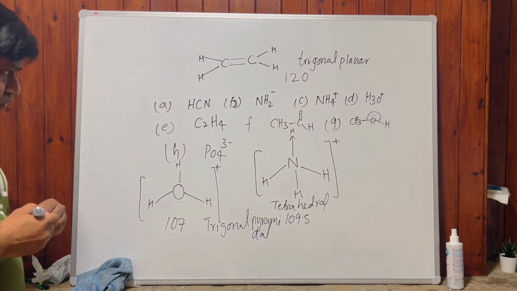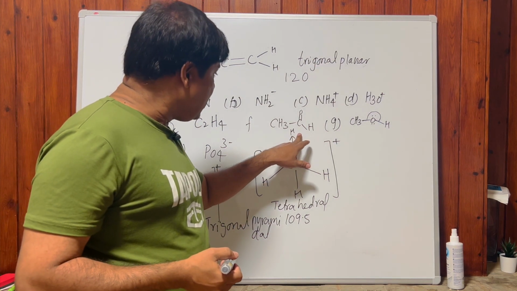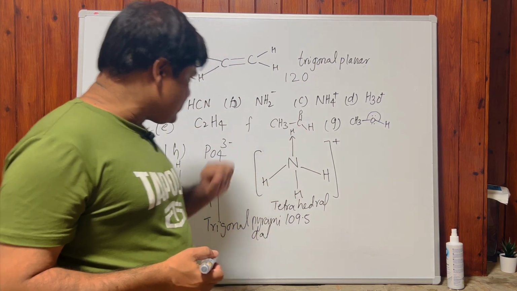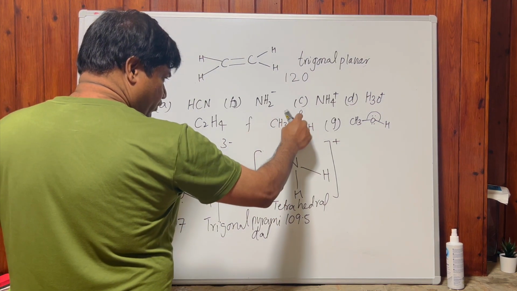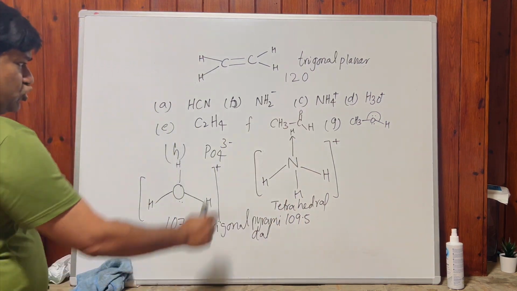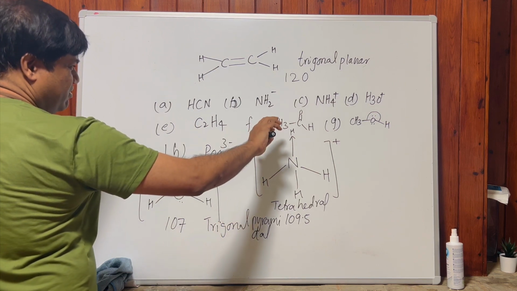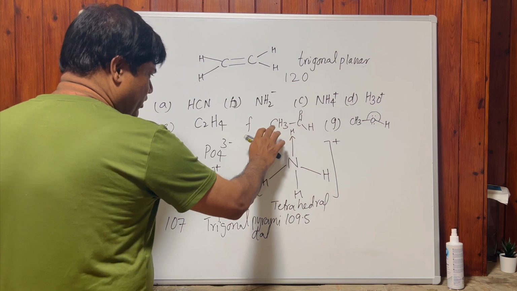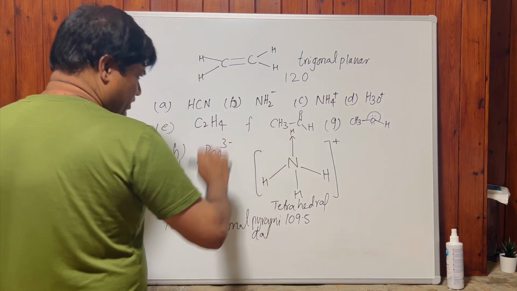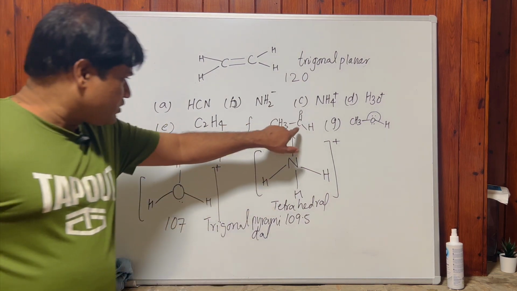Now in the case of ethanal, it's an aldehyde, guys. We have to work out here only the central atom carbon. I'm not talking about this carbon. This carbon is like methane, four bonded pairs of electrons and no lone pair, so tetrahedral. I'm talking about this one.